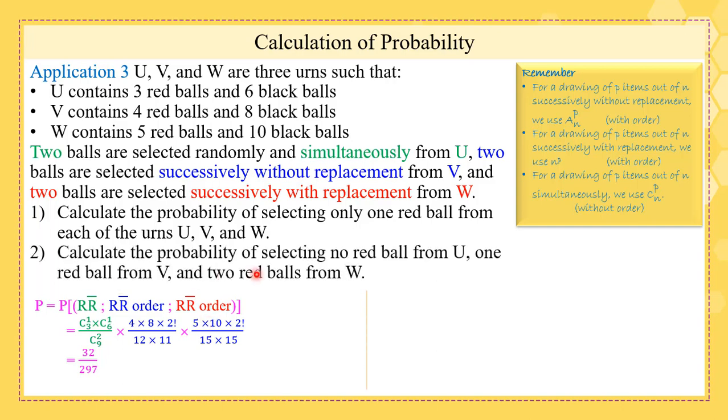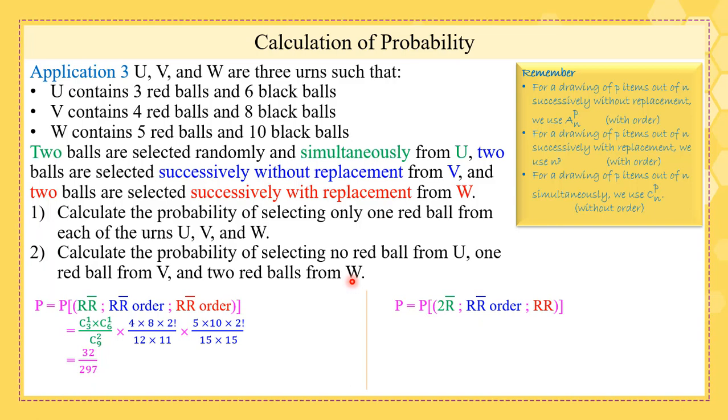Well, calculate the probability of selecting no red ball from U, 1 red ball from V, and 2 red balls from W. Try also to do it alone. No red ball from U means 2 non-red, which are black in this case. 1 red ball from V means 1 red, 1 non-red with the order.